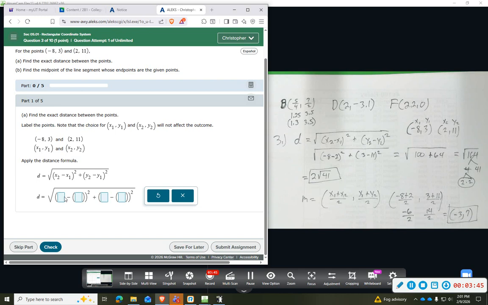So plugging in the values. So I guess if we're following the formula, they want us to follow everything exact. I need to put a 2 and then a -8. For the y values, my y2 was 11 and then a 3.